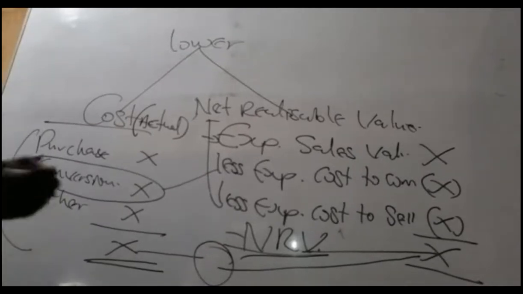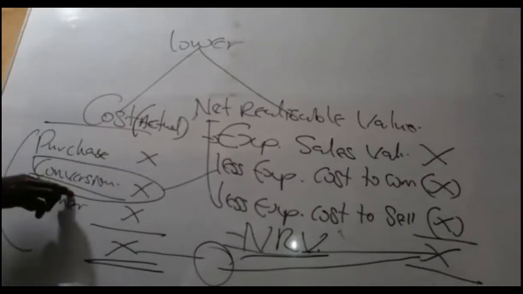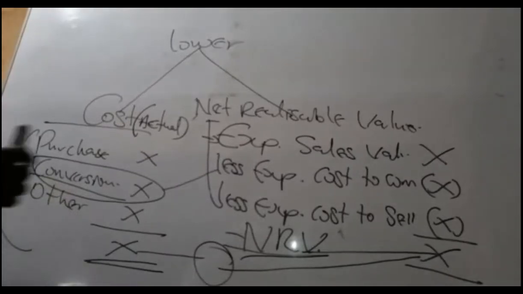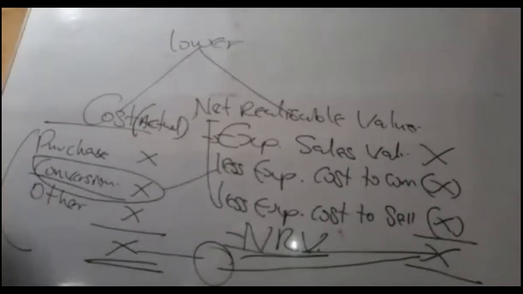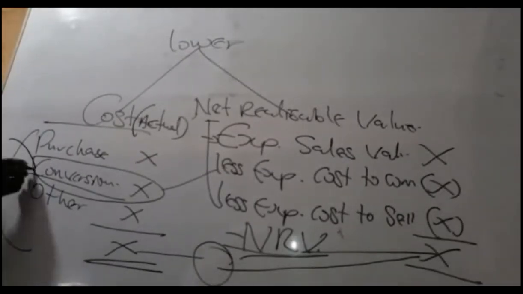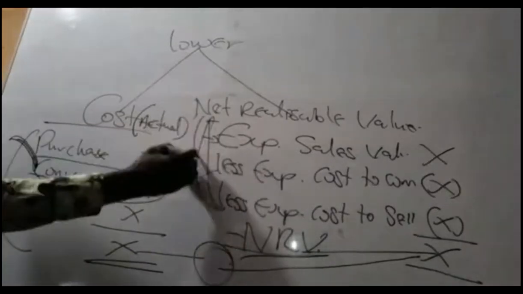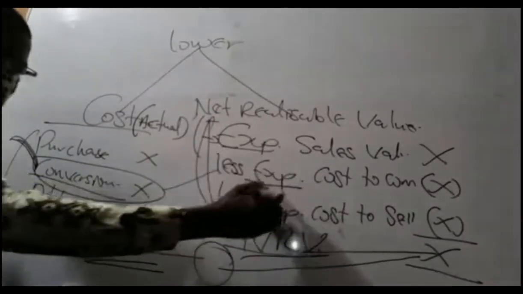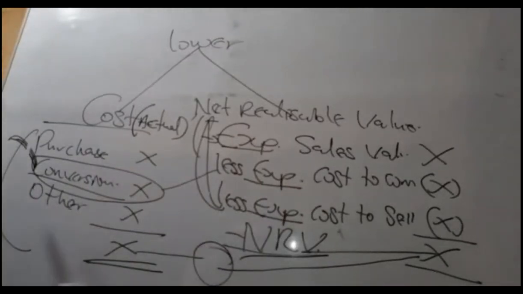Now, when you come to the conversion cost, this cost is the cost that I will incur to bring the asset to its sellable condition. Just that this one I've already incurred is a past cost. This one is future. All these items are future, that's why we use the word expected. Expected, expected. These are actual costs, costs you have incurred to date.